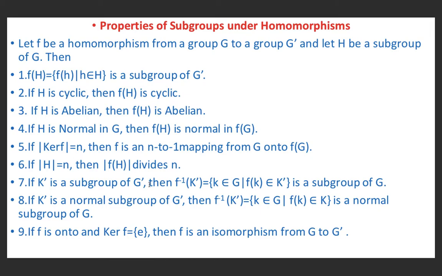If K' is a subgroup of G', then f inverse of K' is equal to the set of k belonging to G such that f(k) belongs to K'. f inverse of K' consists of those elements of G for which f(k) belongs to K', and this set is a subgroup of G. If K' is a normal subgroup of G', then this set, defined as above, is a normal subgroup of G. If f is onto and the kernel of f equals {e}, then f is an isomorphism from G to G'.